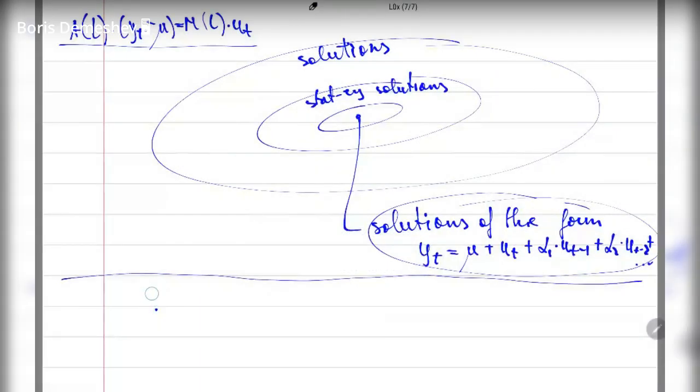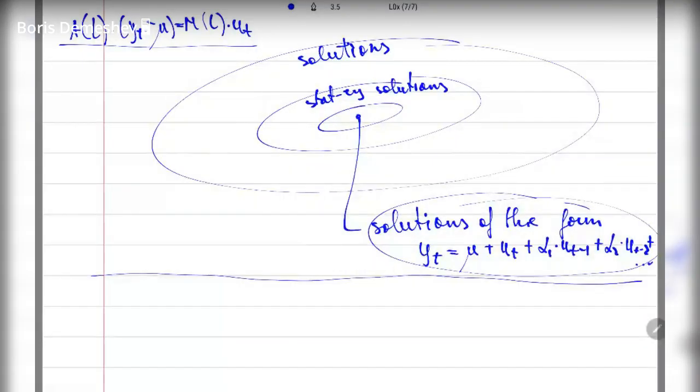For example, if you look at the econometrics Olympiad organized by Moscow State University, they usually write the equation of an ARMA process, and they ask students to find stationary solutions, but they really mean stationary solutions that are not forward-looking, that do not look into the future. So that's a standard implicit assumption.